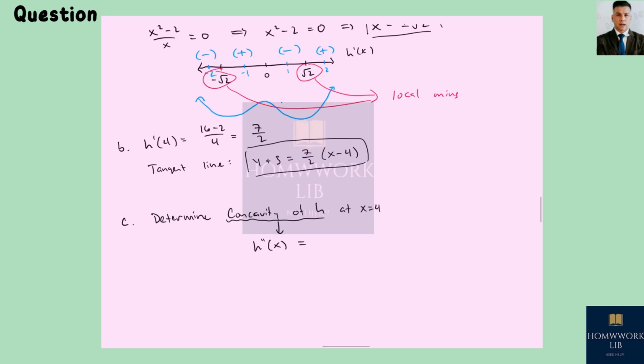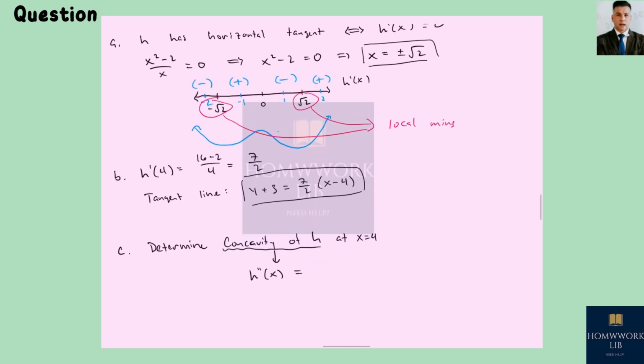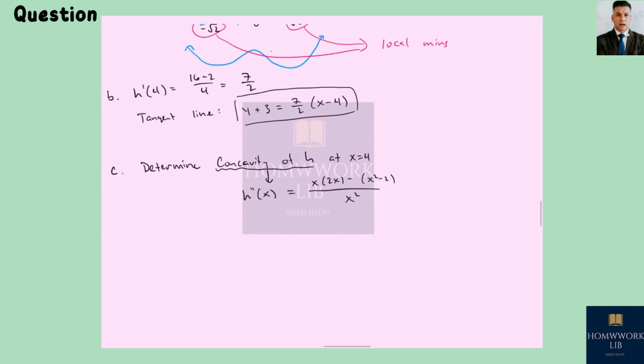So we take the derivative of h prime using the quotient rule, and we get x times 2x minus x squared minus 2 over x squared. And if we plug in 4, we get 32 minus 14 over 16.